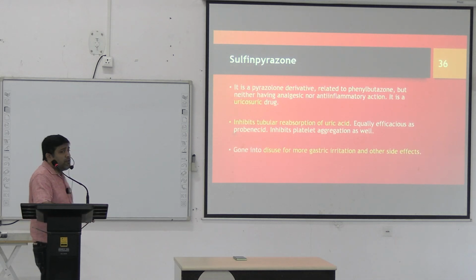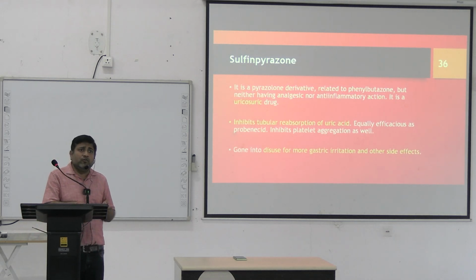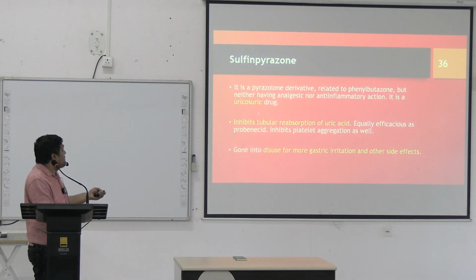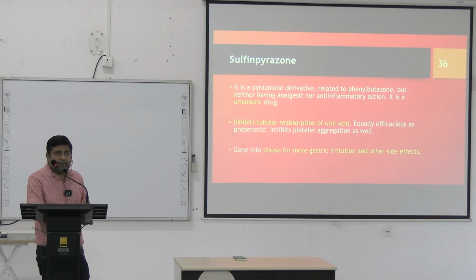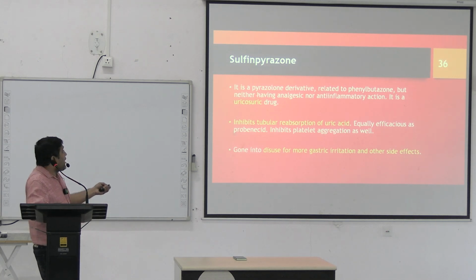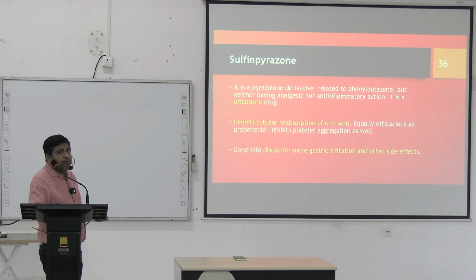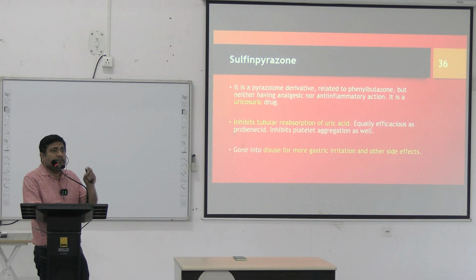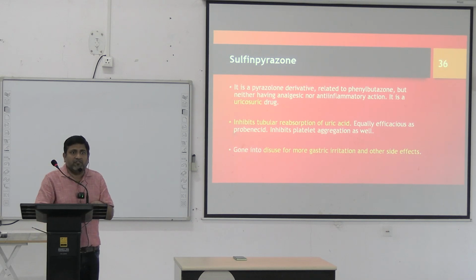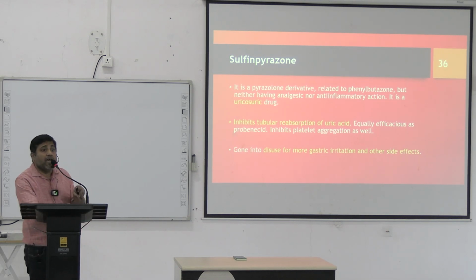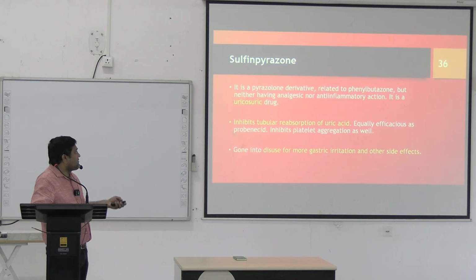Now, coming to sulfinpyrazone, another uricosuric drug. It is a pyrazolone derivative related to phenylbutazone. Phenylbutazone is basically an NSAID. Although related to phenylbutazone in structure, it does not possess any analgesic, anti-inflammatory or antipyretic action.